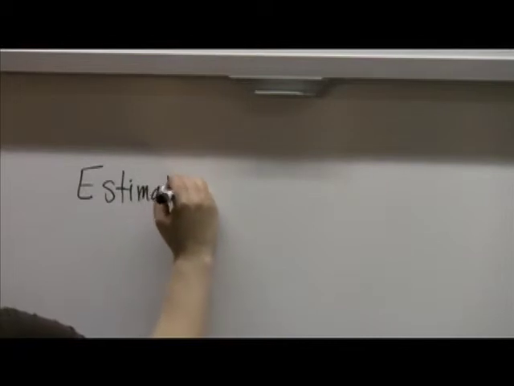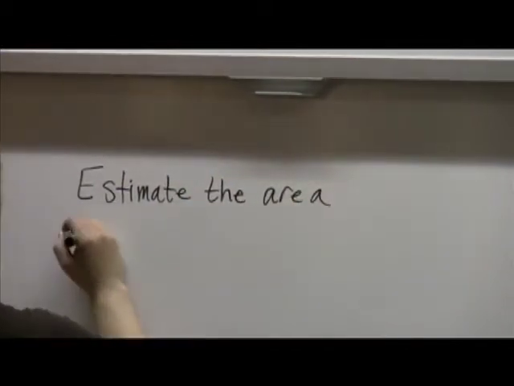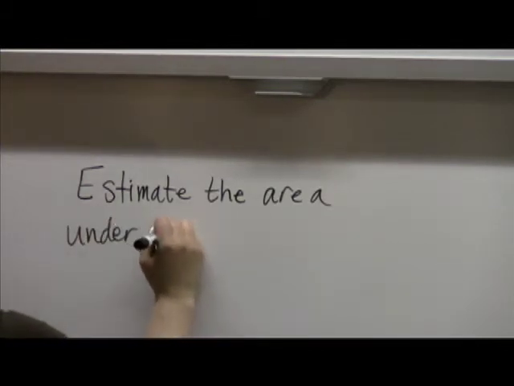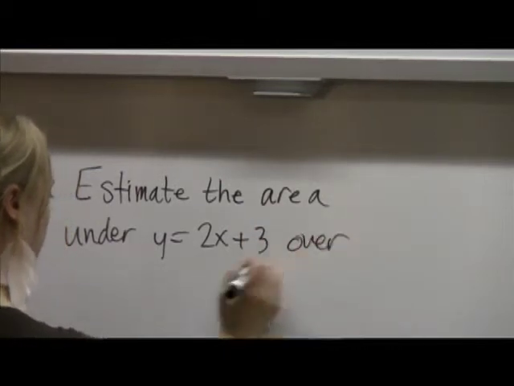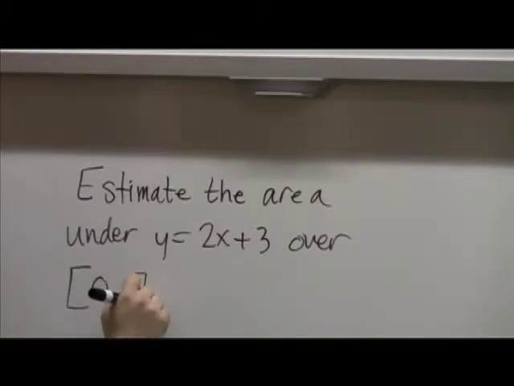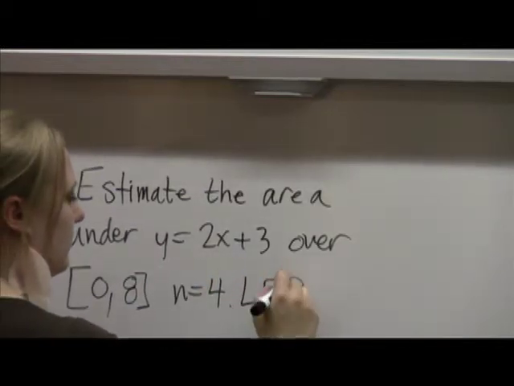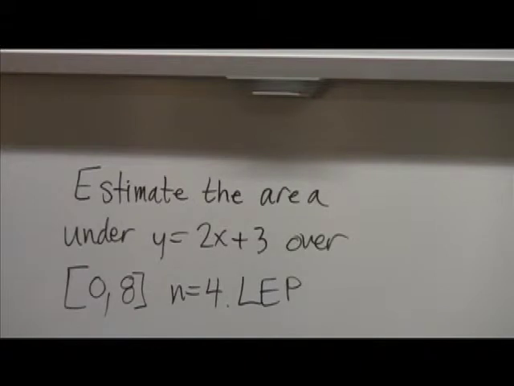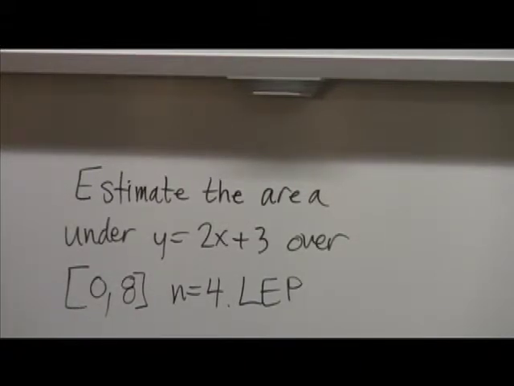Estimate the area under y equals 2x plus 3, let's go from 0 to 8 when n equals 4. And it's left endpoints. So far, so good? Okay. This is a little bit tricky, but not too bad.